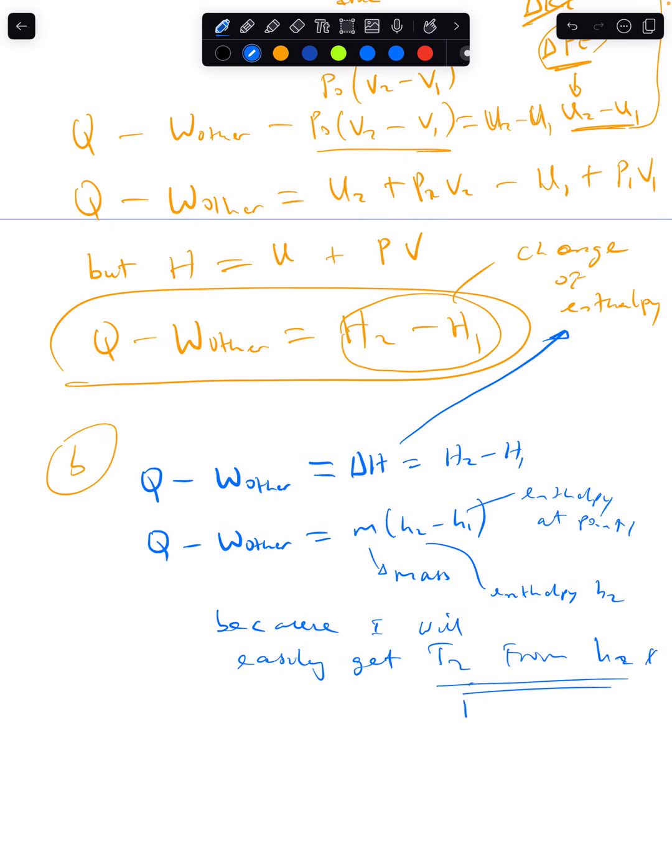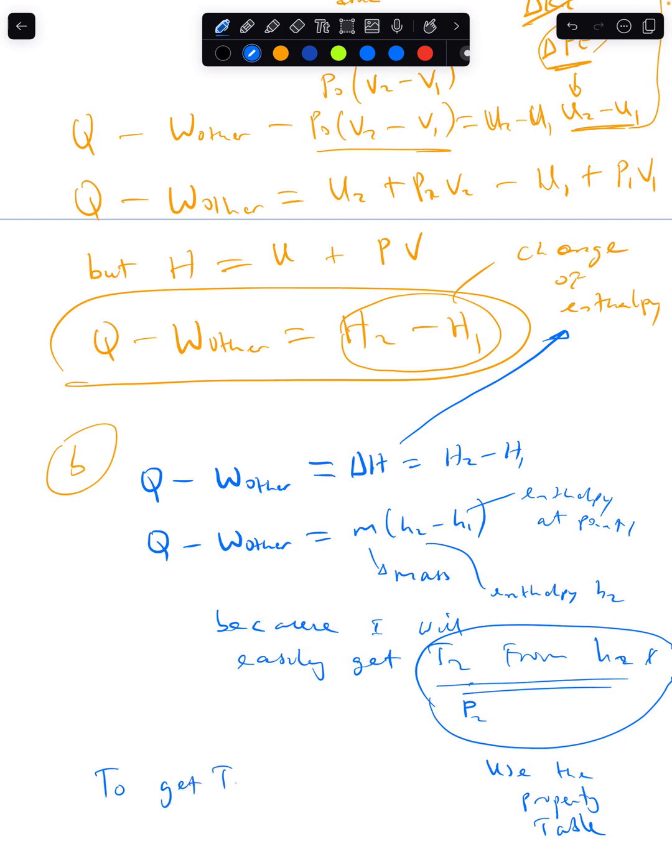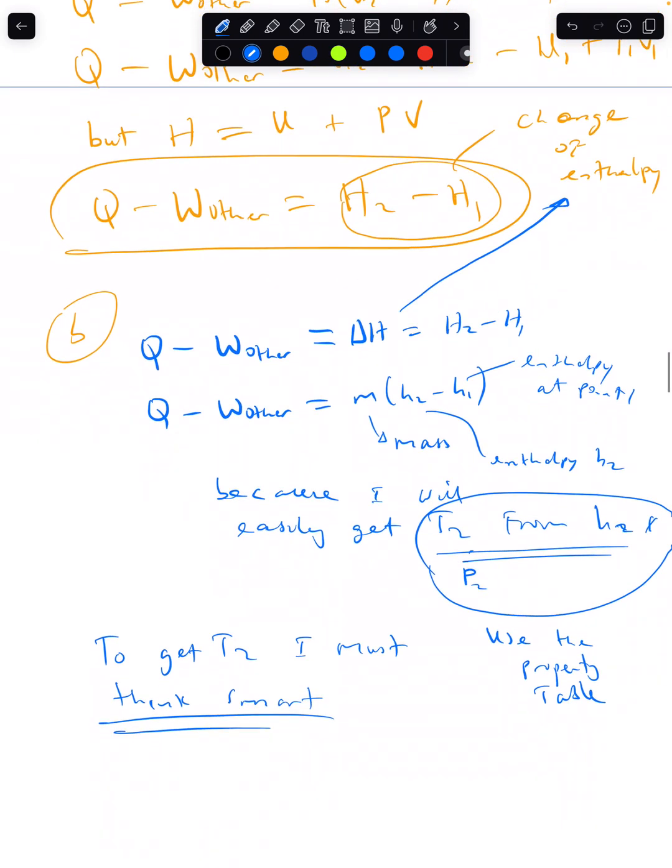And at pressure 2, I'm going to use the property table. So the first thing, you have to think smart. I can never get T2 directly. So to get T2, I must think smart. By what?